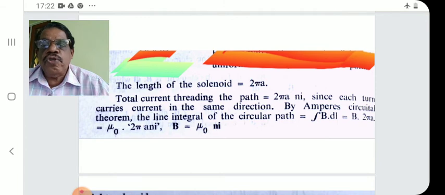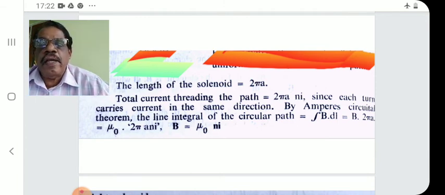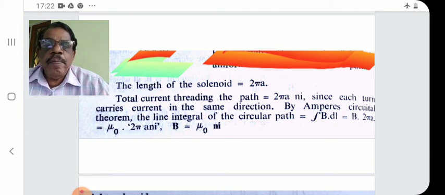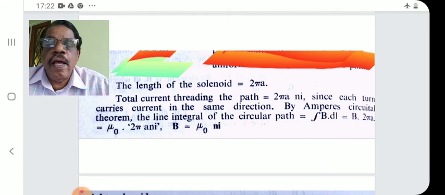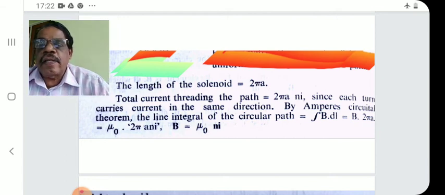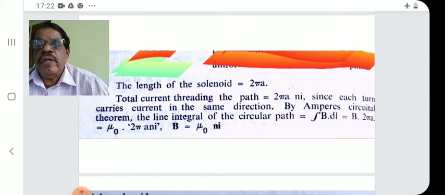That is equal to mu 0 I, where the current is 2πa nI. Therefore, we can write the theorem as B into 2πa is equal to mu 0 into 2πa nI. 2π cancels and a cancels. Therefore, B is equal to mu 0 nI.